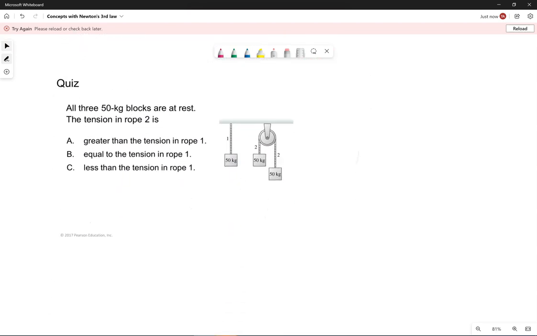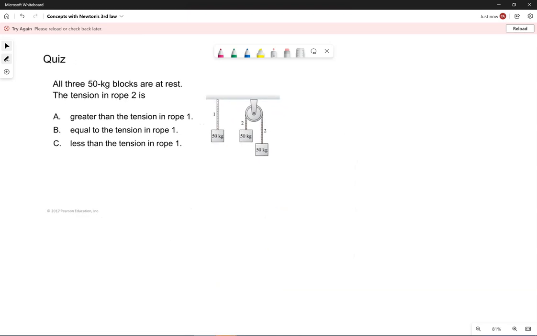Okay, one more. Read through that. The correct answer here is B. So when we look at rope 1, it is simply connected to the ceiling and then connected to this mass.